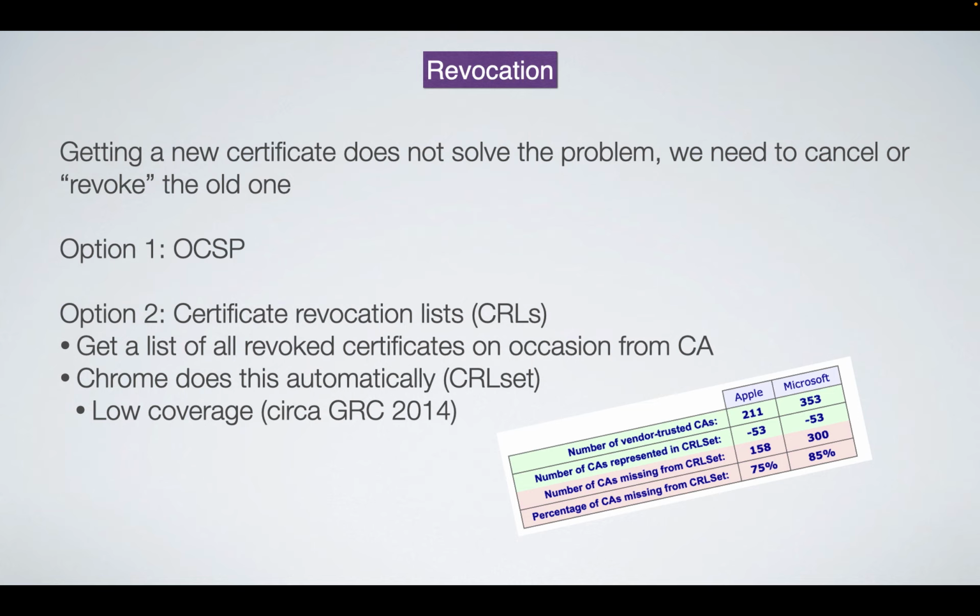So it wasn't giving good coverage. Google wrote a blog post explaining why. It was basically because the CAs weren't giving the information in a friendly enough way for Google to automatically collect it. Maybe this has changed. It'd be interesting to see. Maybe someone in a project might look at that question.